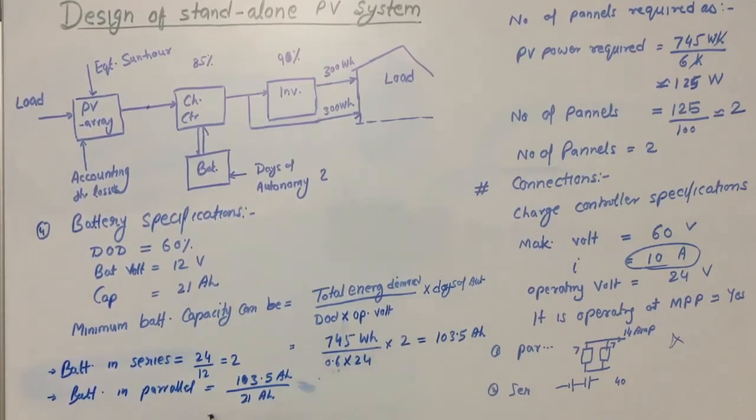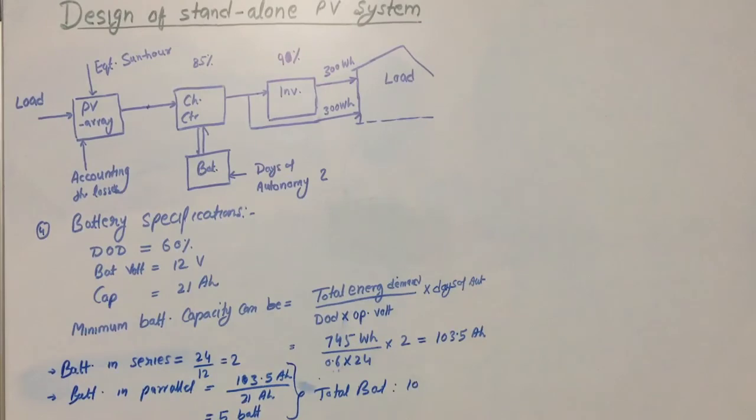Let us write here 5 batteries. So 5 batteries are required to connect in parallel, 2 batteries in series. So total battery requirement is 10.